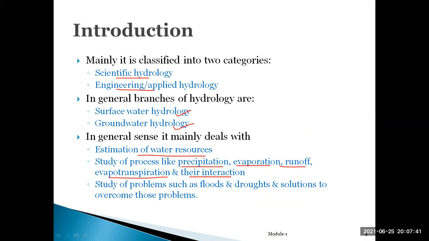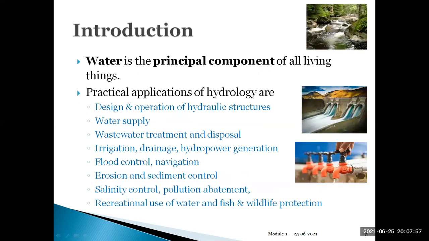So basically you are going to study the complete hydrological cycle. It also deals with the study of problems such as floods and drought, and you will find solutions to overcome those problems. So that is all included in the hydrology part.